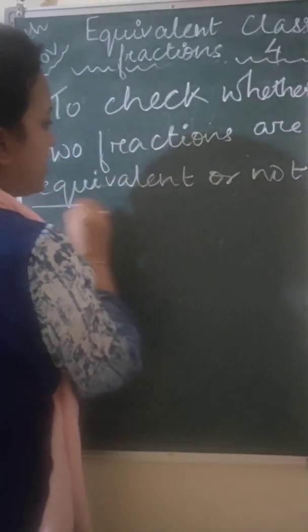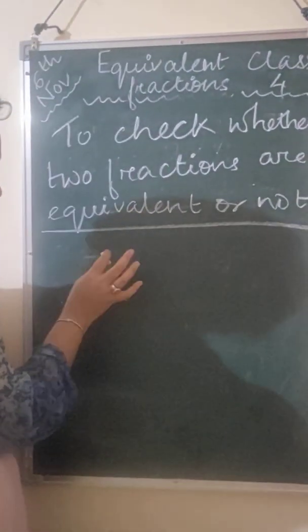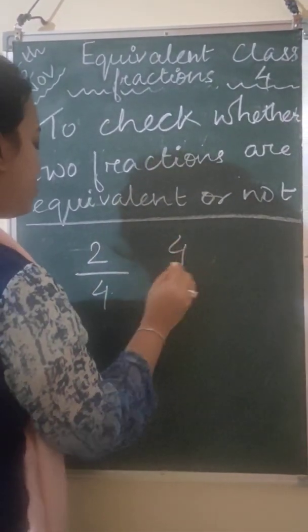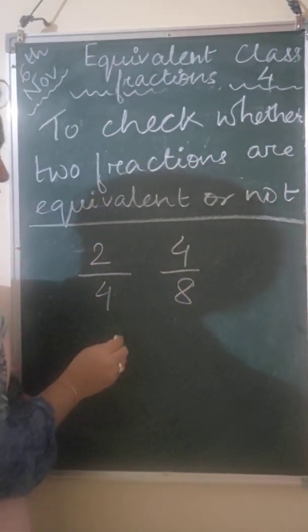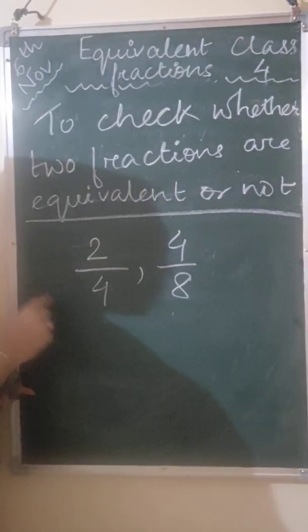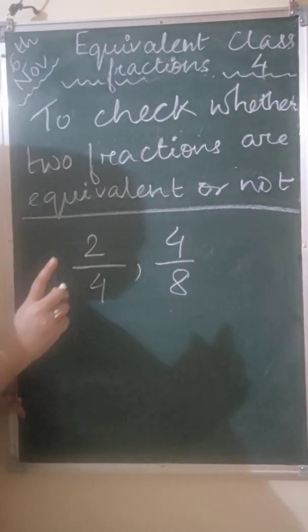So our question is, if I give you two fractions, suppose 2 by 4 and 4 by 8, if I ask you whether these two are equivalent or not, how are you going to check this? This is very simple.